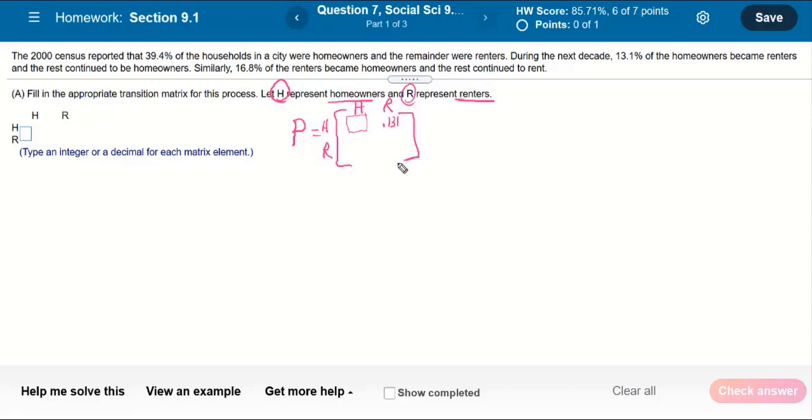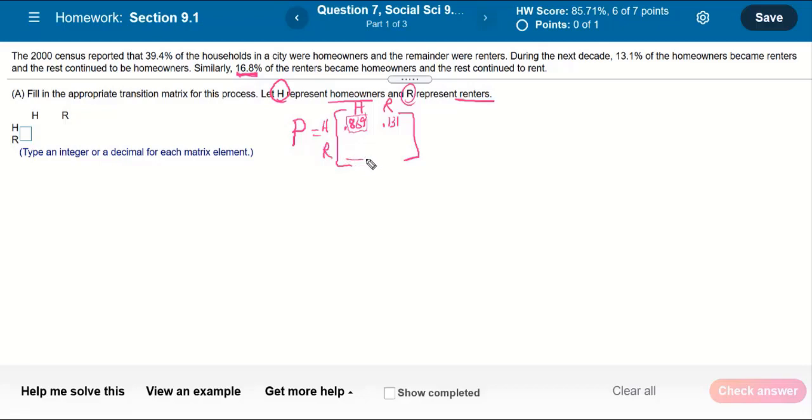If 13.1% became renters, then the rest of them must have remained as homeowners. So 100% minus 13.1% would be 86.9%. Likewise, we're told that 16.8% of renters became homeowners.